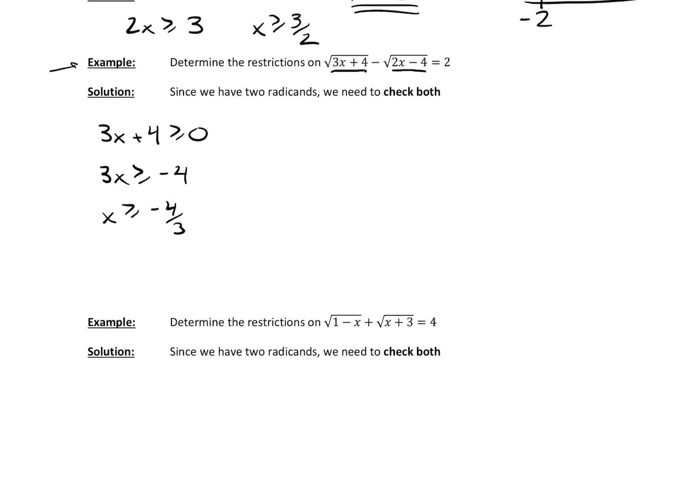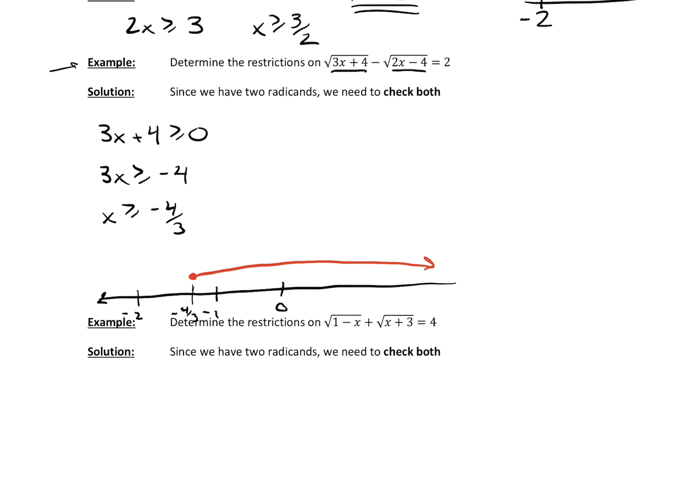Now, if you were to look at that on a number line, here's 0, here's 1, here's 2 in the negatives. Let's say that's 1 1/3, so here. Here's negative 4 over 3. I need to be greater than or equal to that. Okay, that's my first domain restriction.